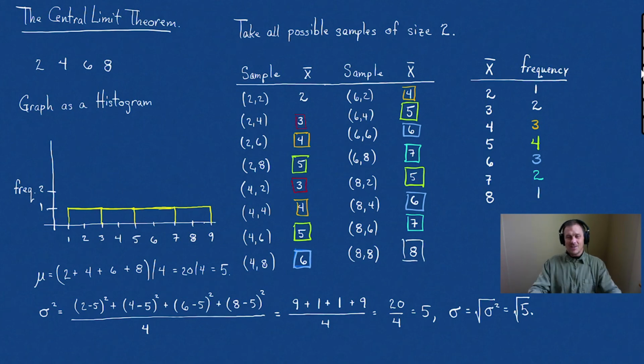Now, here's what I want to do. I would like to make a histogram on top of my original histogram using this data set. So notice now my data is being represented as their averages. Above 2, I have a frequency of 1.